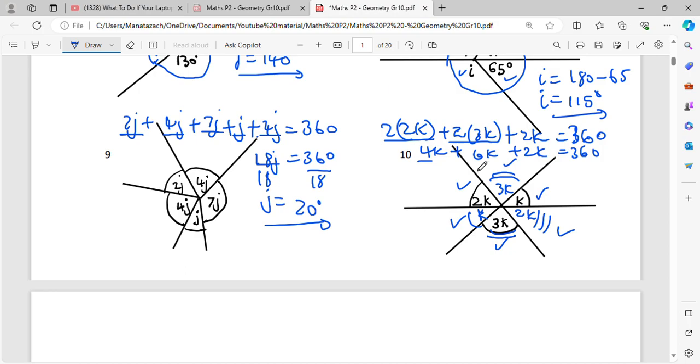So 4 plus 6 plus 2 is 12. So we'll have 12K is 360. So you divide by 12 both sides, find that K is equal to 30 degrees.